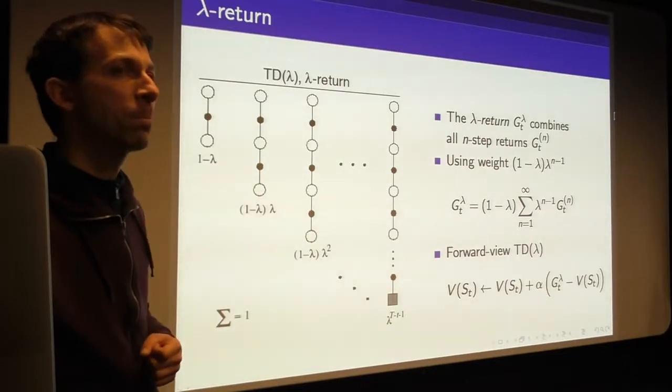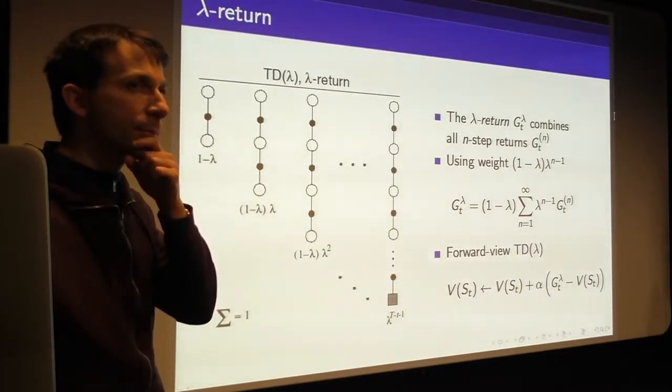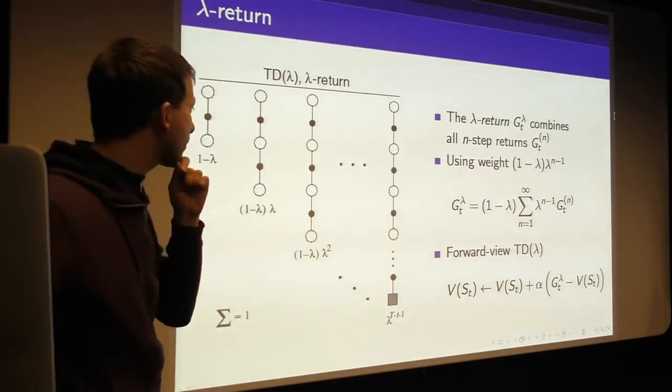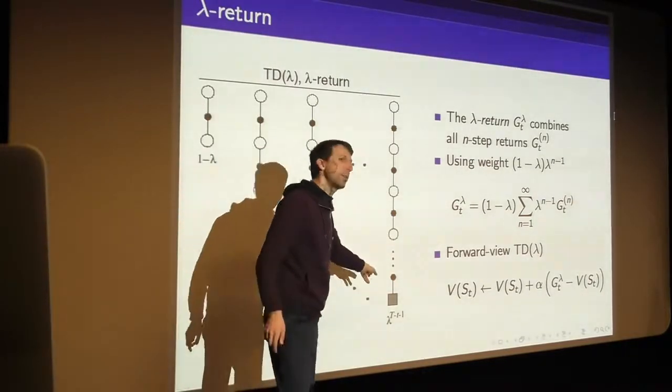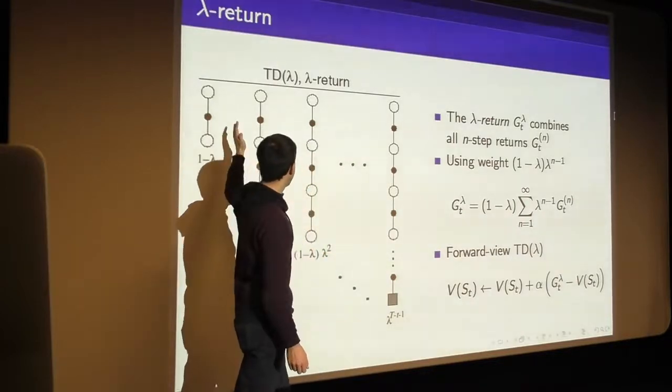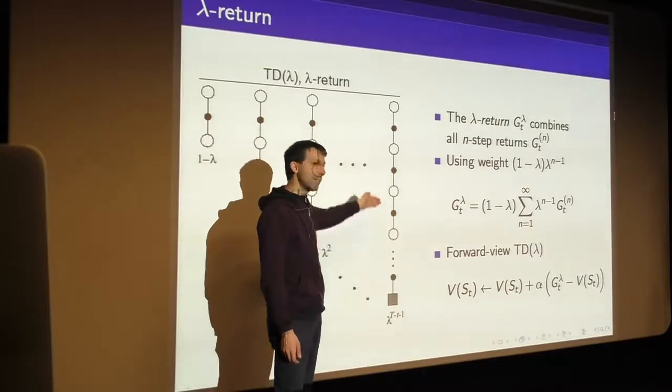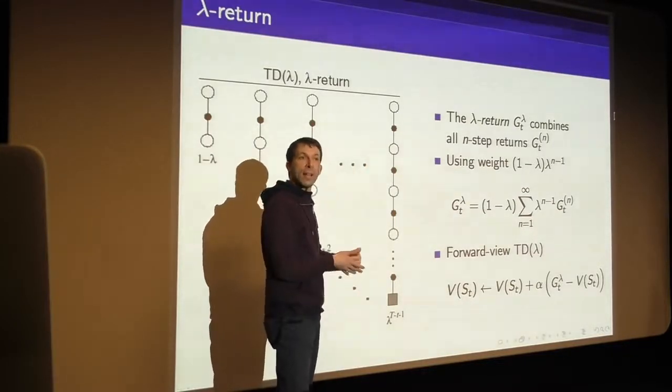Yeah, question. Is it always the case that the last weight in this formula is smaller in comparison to the previous? It's always the case until the final step, until the algorithm terminates, that the weights are getting less by a factor of lambda. The final weight actually can be larger.